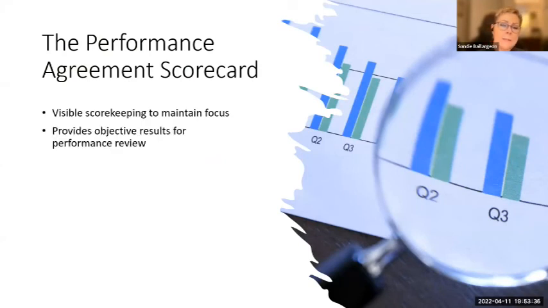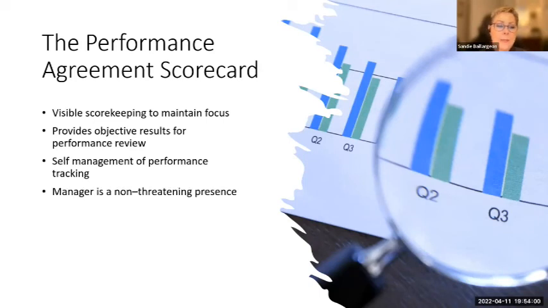So this allows visible scorekeeping to maintain focus. It provides objective results for your performance reviews, which is a really great thing to have. It helps with self-management of performance tracking. So it helps your employees to become engaged in the whole entire process without saying they're responsible for the budget. What they're doing is assisting with the budget in their day-to-day activities.